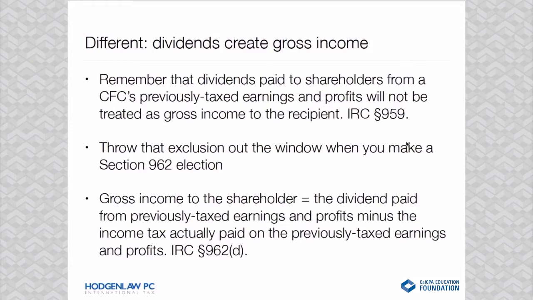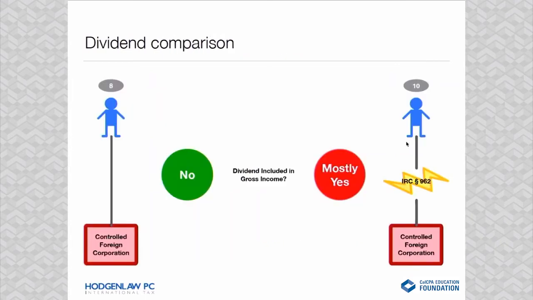You'll see it in the math as we go along in the models coming up. So here's the bottom line for Section 962 elections versus not. Section 962 elections are bad for dividend income.